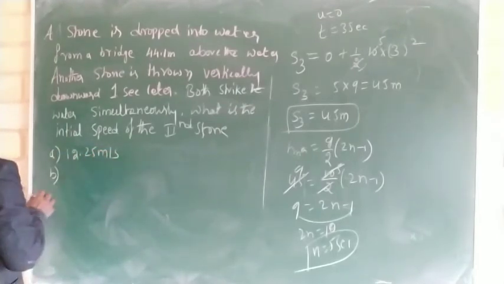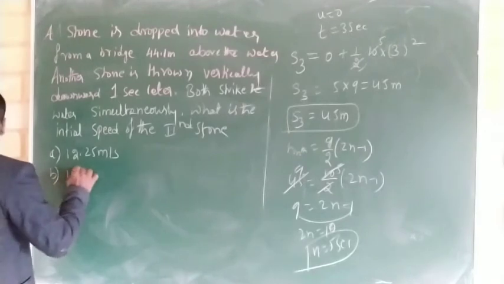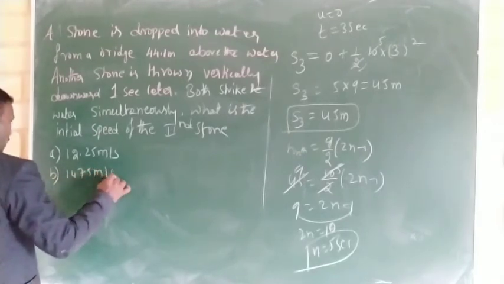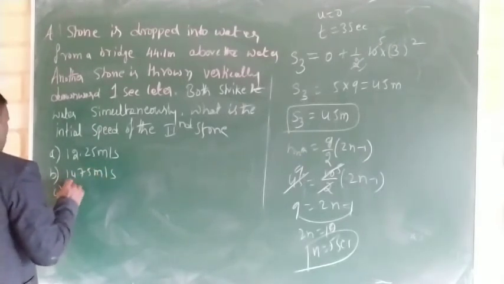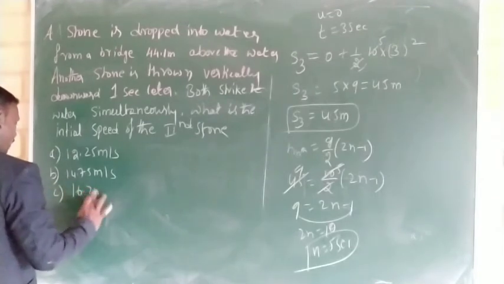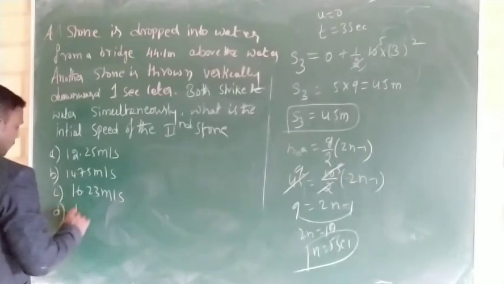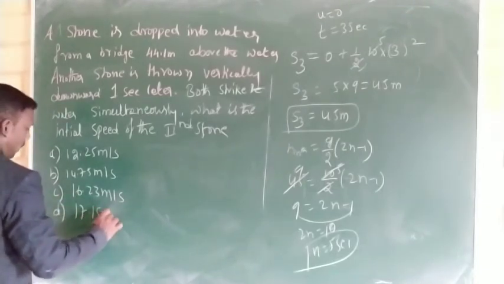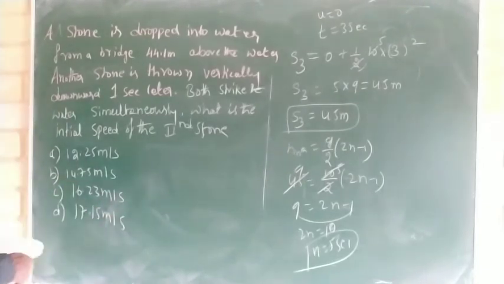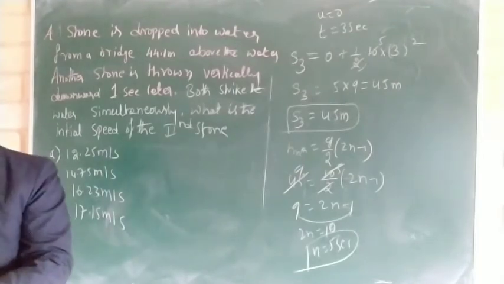Option B, 14.75 meter per second. Option C, 16.23 meter per second. Option D, 17.15 meter per second.